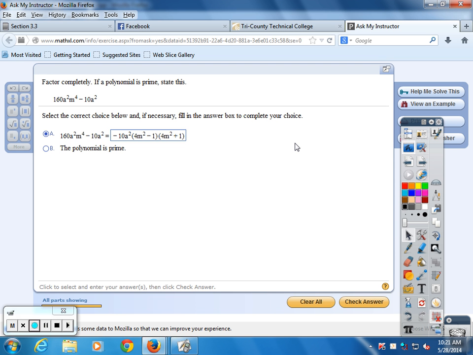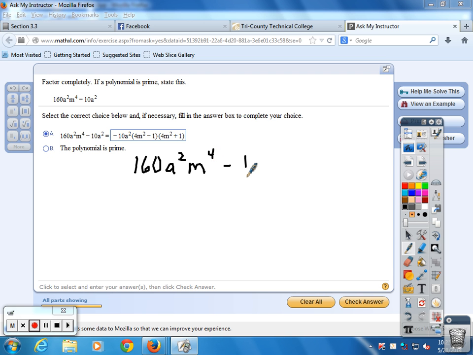So chances are you're going to be using a shortcut here. You're going to use factor out a common term. 160a squared m to the 4th minus 10a squared.